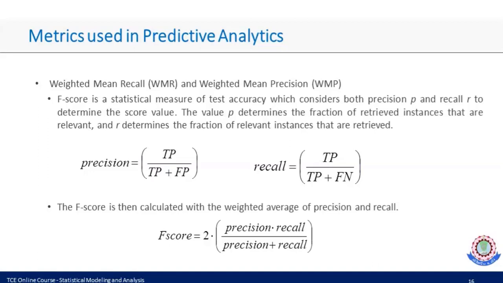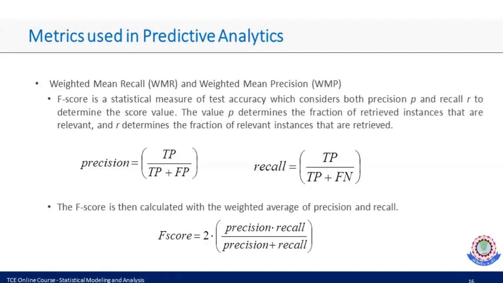So, here the value of P, that is precision, determines the fraction of retrieved instances that are relevant, which is given as true positive to that of true positive plus false positive, and recall, which determines the fraction of relevant instances that are being retrieved, is given by the formula recall is equal to true positives to that of true positives plus false negatives.